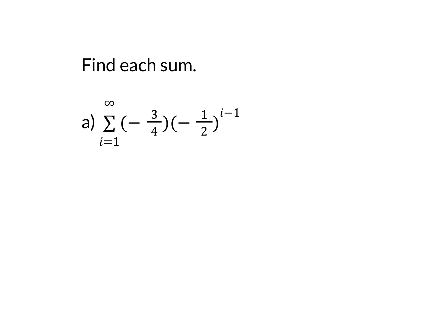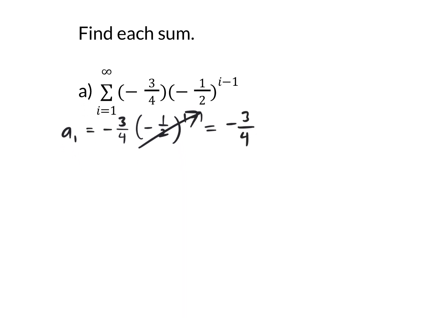So looking at this information, I can find my first term by saying A sub 1 is equal to, and I'm going to plug in 1 where I see i. So negative 3/4 times negative 1/2 to the 1 minus 1. 1 minus 1 is 0, and anything to the 0 power is 1. So that goes away, and I'm left with just negative 3/4.